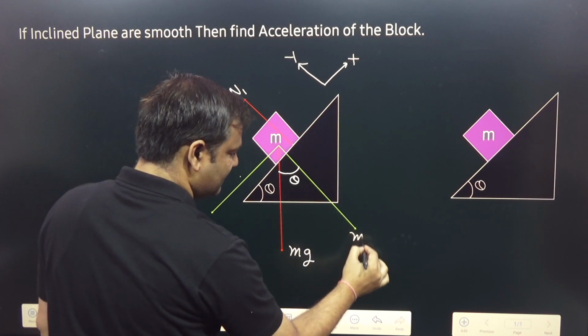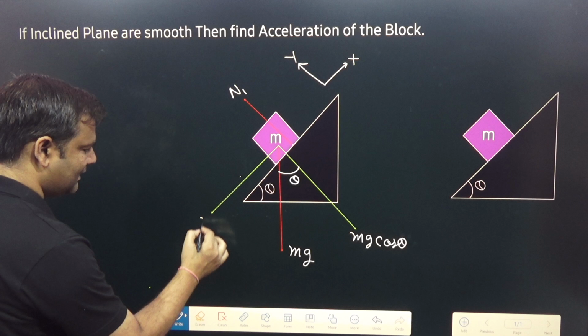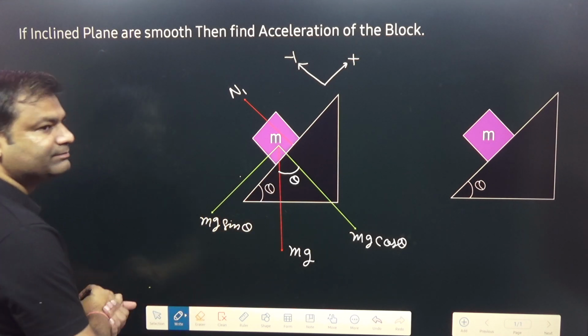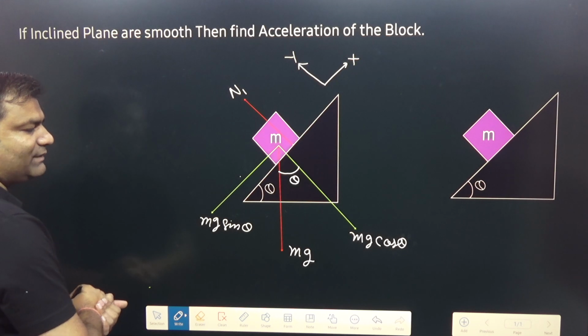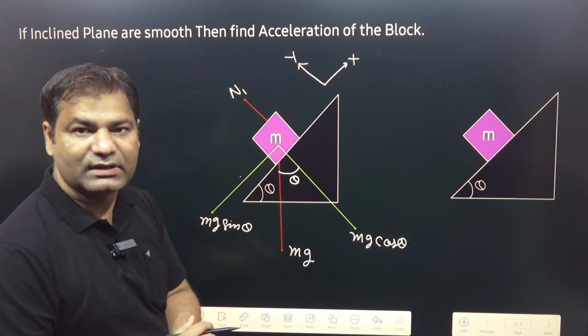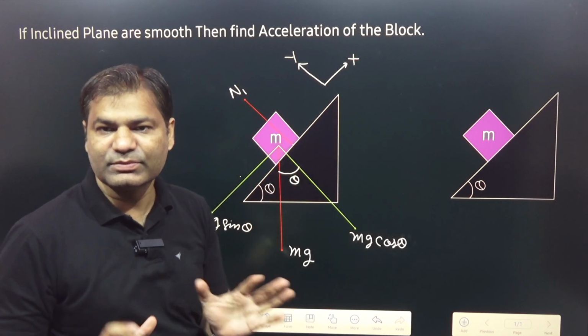So what about that one? Mg cos theta, and here m into g sin theta. After that, this block is not moving along the capital Y axis. This block is moving only along the capital X axis.